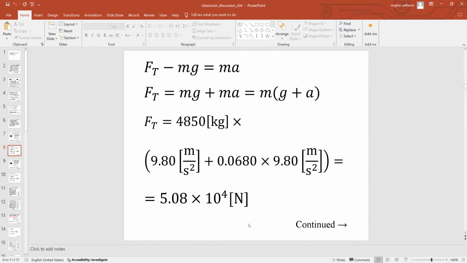If maximum is 51,000, minimum is 44,000 newtons. That makes sense. That's what your regular elevator would provide. So as an engineer of elevators, you definitely want to do those calculations.